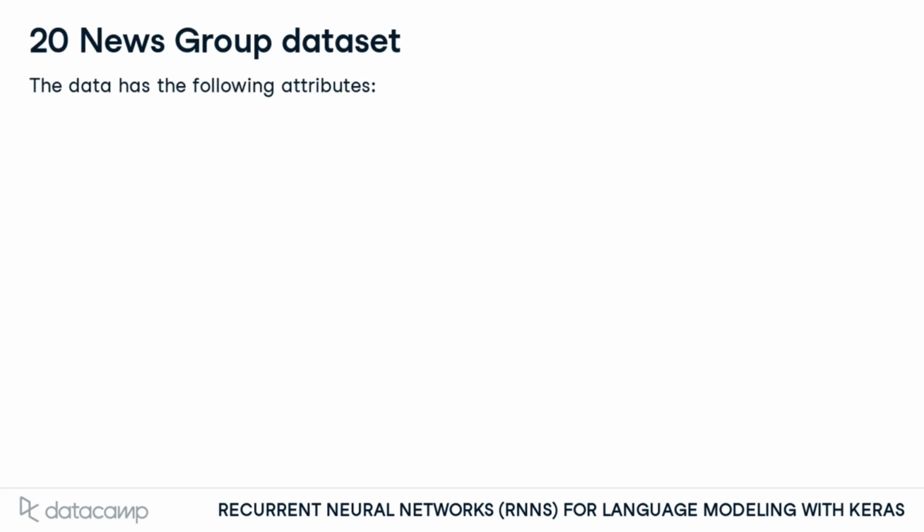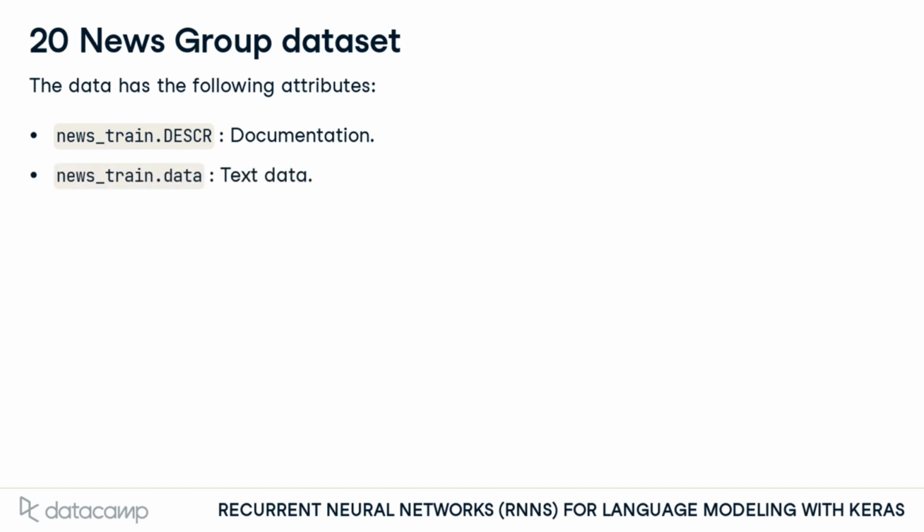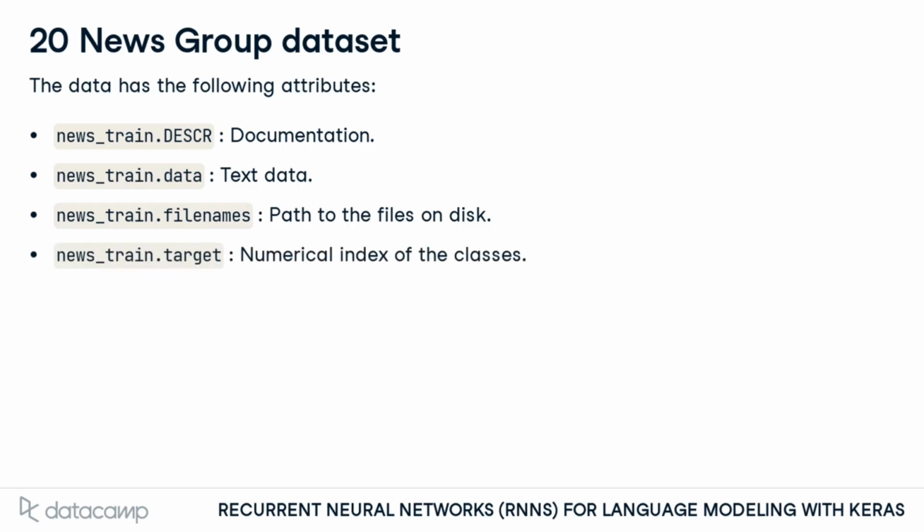The fetched data has the following attributes. .DESCR contains the documentation of the dataset, including examples of usage. .data is an array containing the text of each news article. .filenames contains an array with the file names on disk. .target contains an array with the numerical index of the true class of each news article. .target_names is an array with the unique names of the classes.